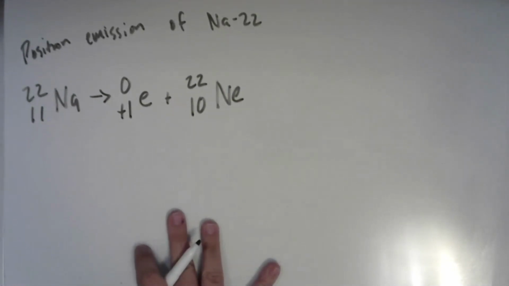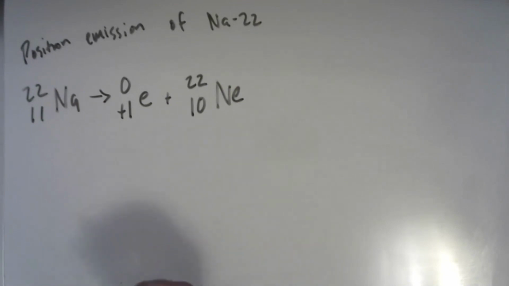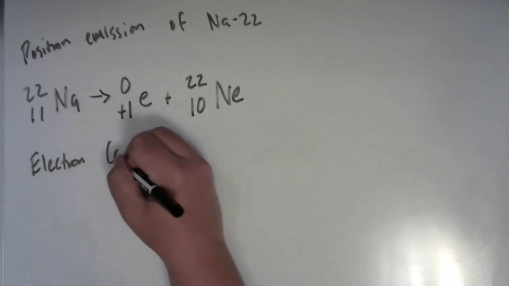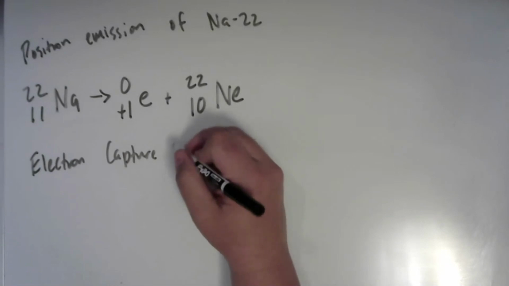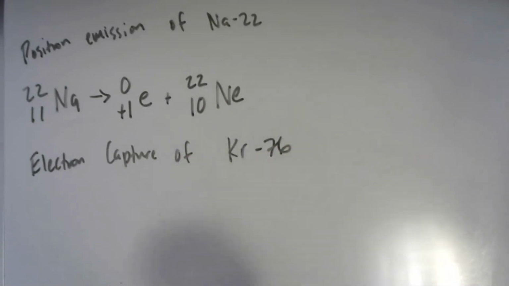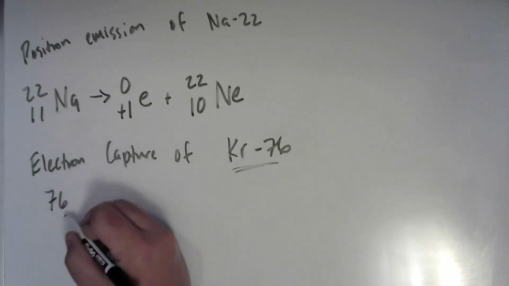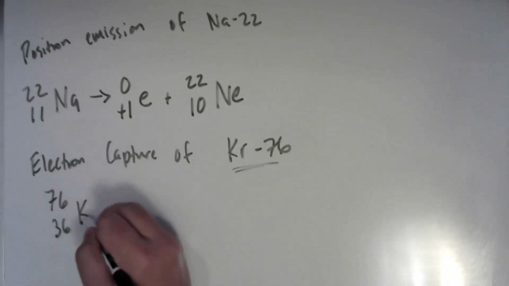All right, the third question in that set is going to be write the nuclear equation for the electron capture of Krypton 76. Okay, so again, I'm going to start by writing out the isotope notation for Krypton 76. Krypton is number 36 on the periodic table.